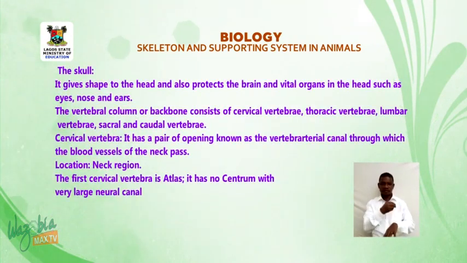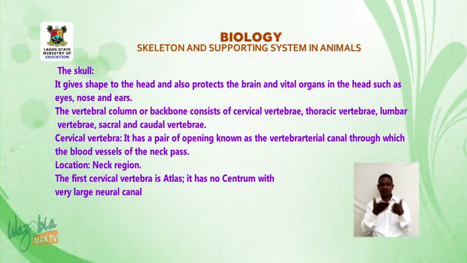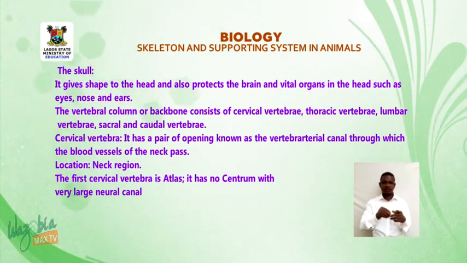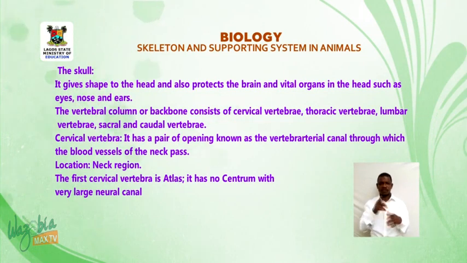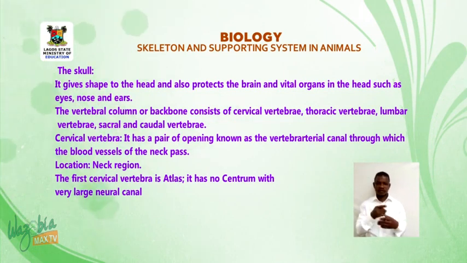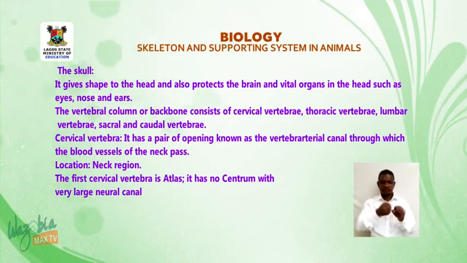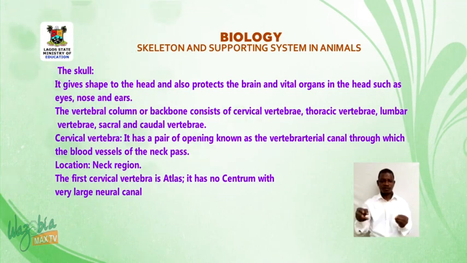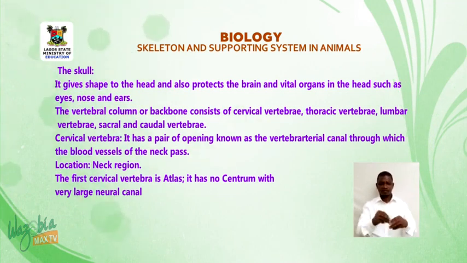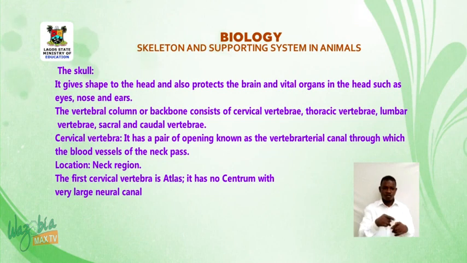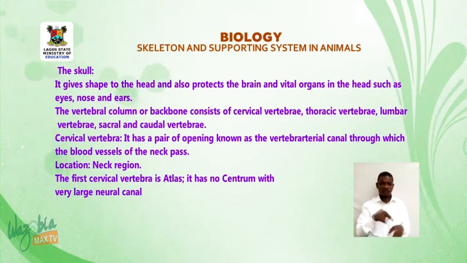It gives shape to the head and also protects the brain and vital organs in the head, such as eye, nose, and ears. The vertebral column or backbone consists of cervical vertebrae, thoracic vertebrae, lumbar vertebrae, sacral and caudal vertebrae.